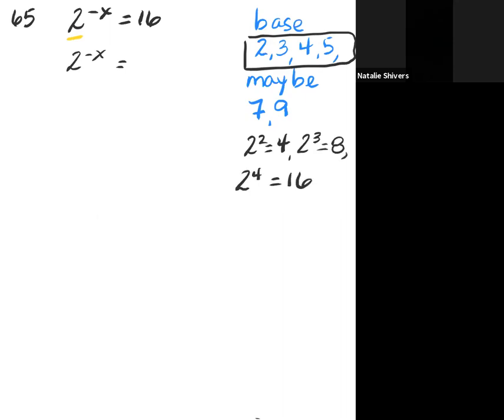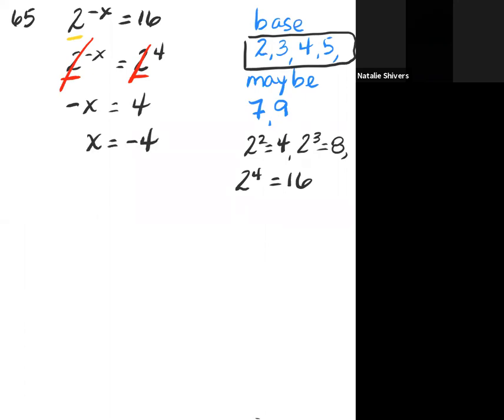So I can replace 16 with 2 to the 4th. When they have the same base, you can cancel them out. So I get negative x equals 4. So x equals negative 4.